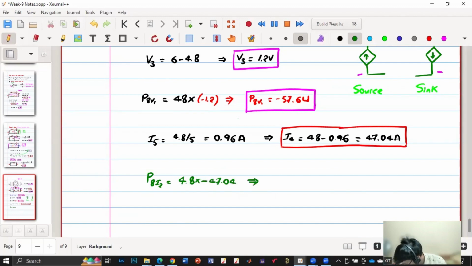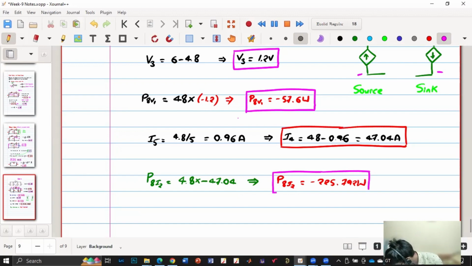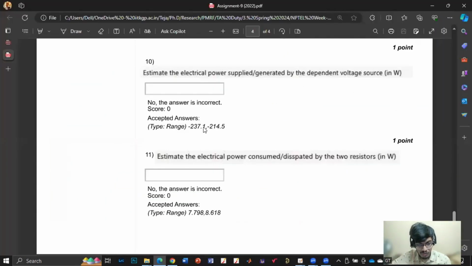If you calculate, you will get minus 225.792. So this much power it is consuming, minus 225.792. If you check the answer, it is also within this range.